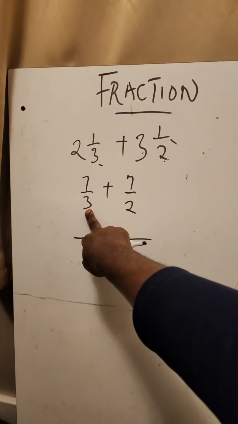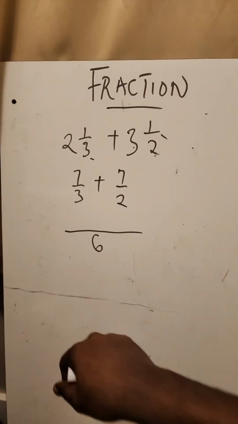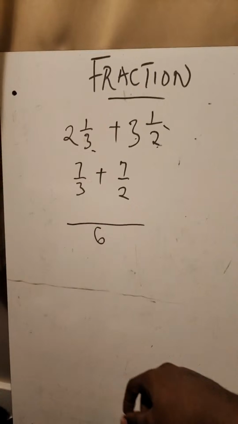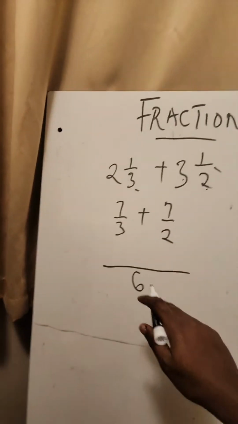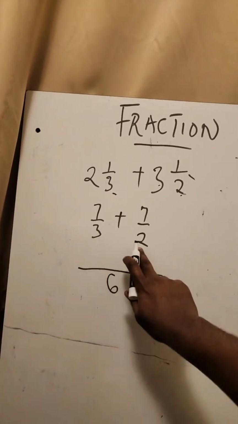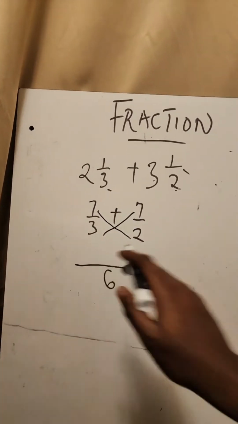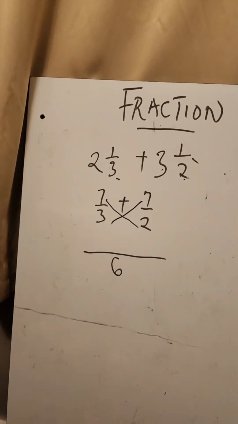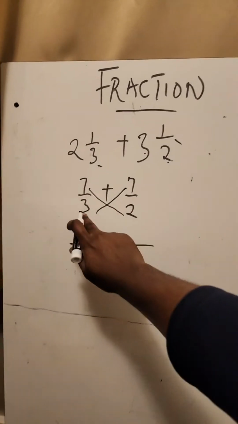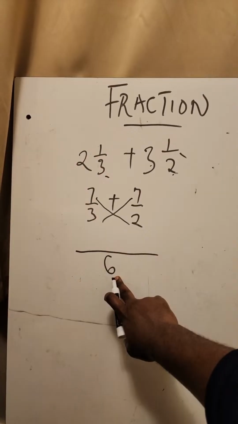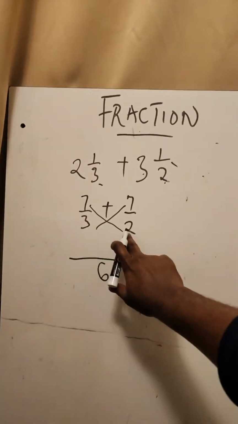The denominator of 3 and 2 gives 6. So if you do this, after multiplying these two, then you can cross multiply. If you multiply the denominator to get the LCM, next thing to do is cross multiplying.